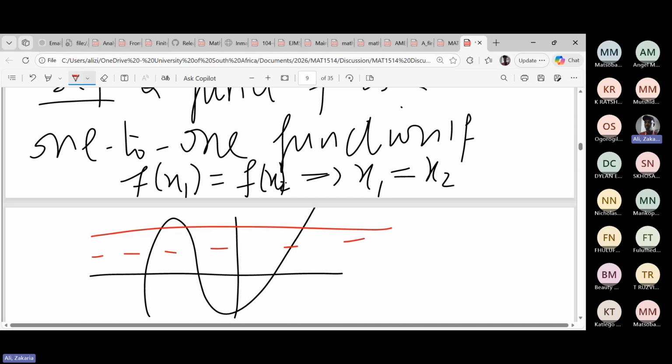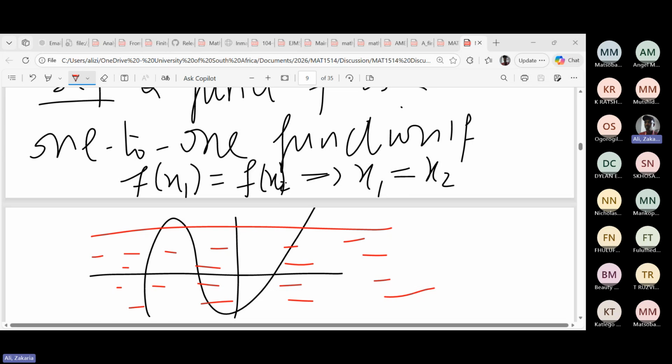Someone can draw it in this place, someone can draw it here, another one here, another one here. It is a line for us to test: if the value of f on the graph is the same, will it give us the value of x also being the same? So basically, that is the question. Once you have the graph, you just sketch a horizontal line.